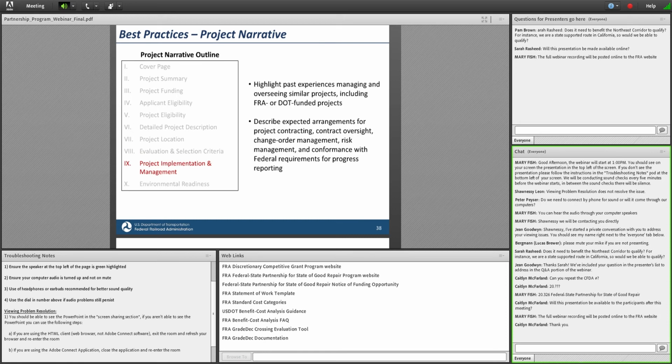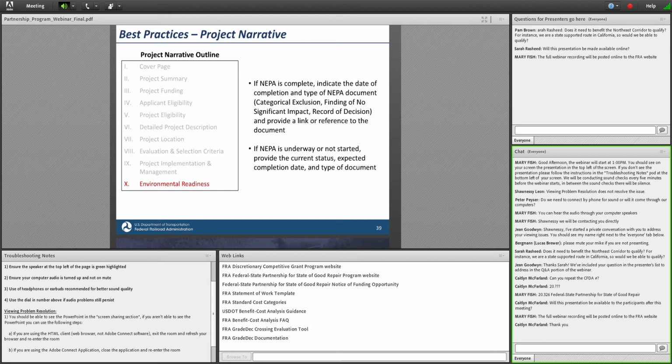In terms of project management and implementation, for this element, we ask that you highlight any past experiences you have either managing or overseeing similar projects, and please identify specifically if there are any FRA or DOT funded projects.